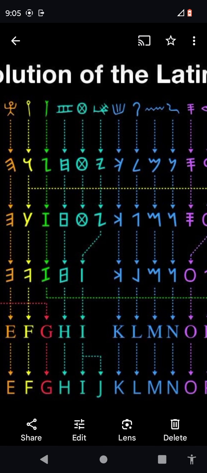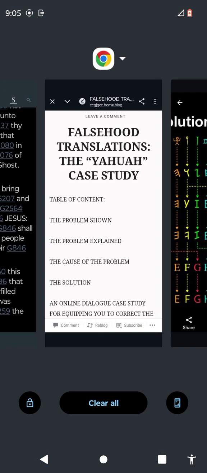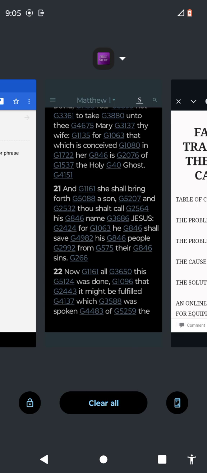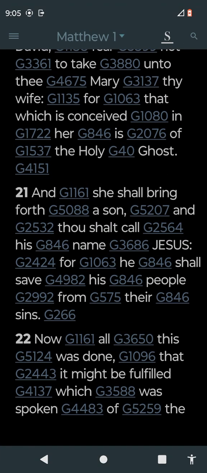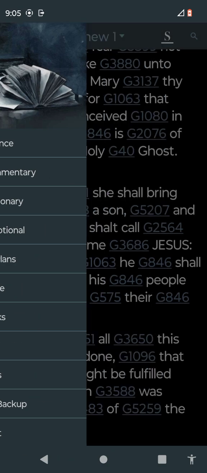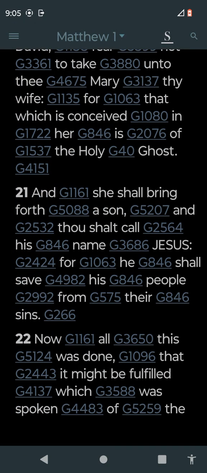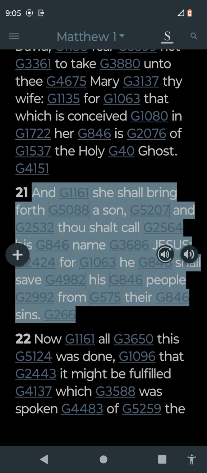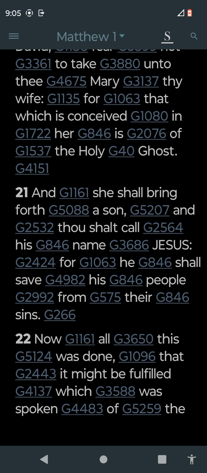So with that being the case, let me go ahead and show it one more time. Right here it says, and she shall bring forth a son, and thou shalt call his name Jesus.